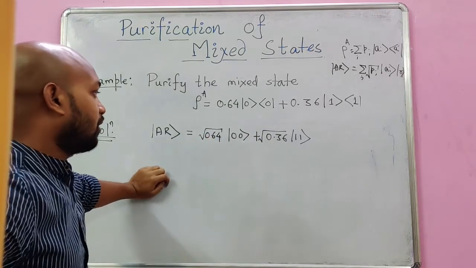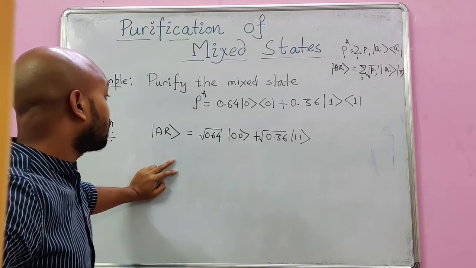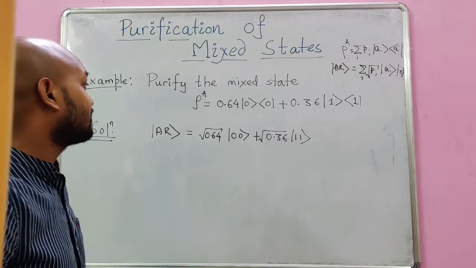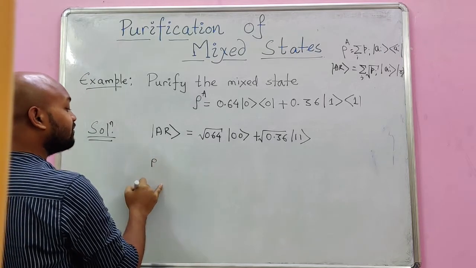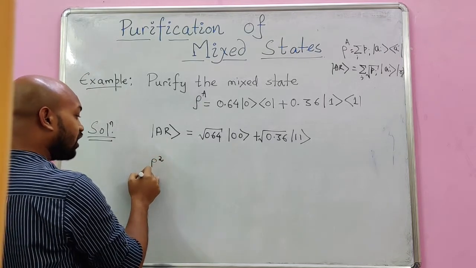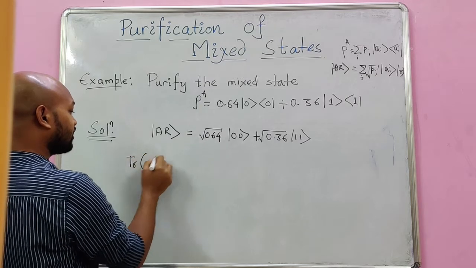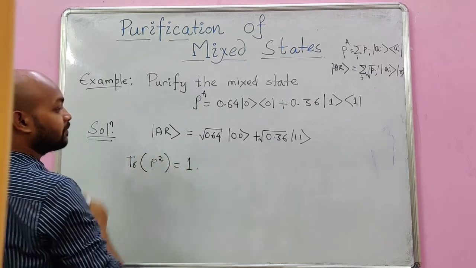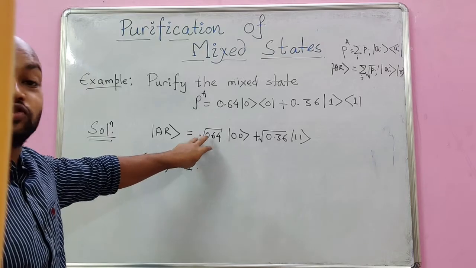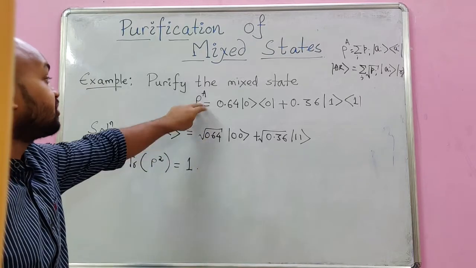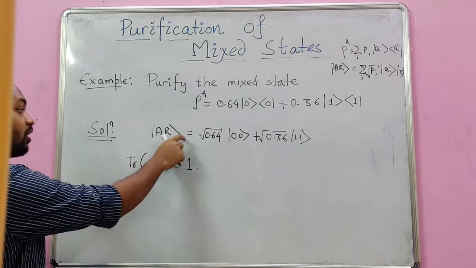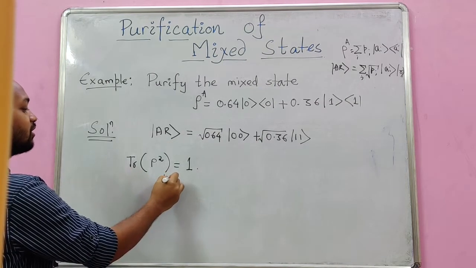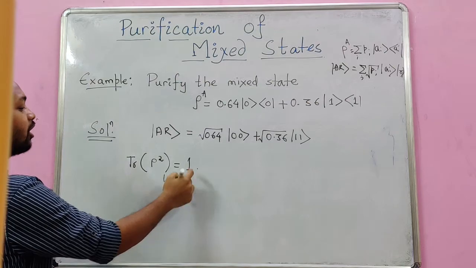How do we know this is a pure state now? Let's check. If it is a pure state, then definitely the trace of the square of the density matrix should give 1. So if I am claiming this to be a pure state constructed from this mixed state, then the trace of rho_AR squared should give me a 1.